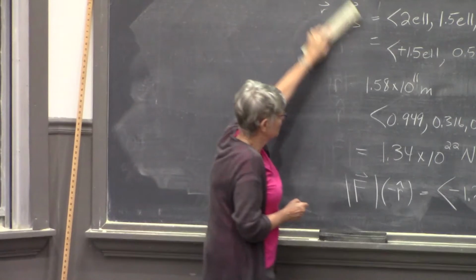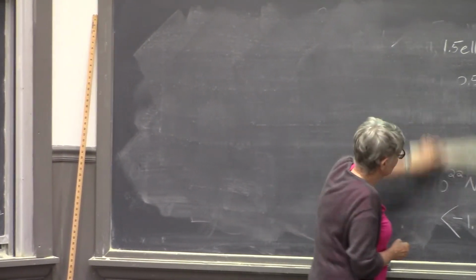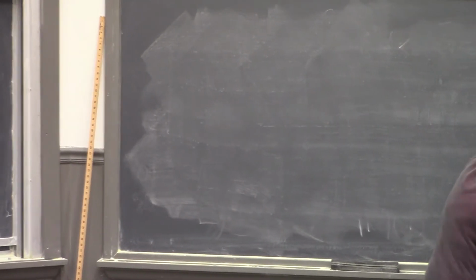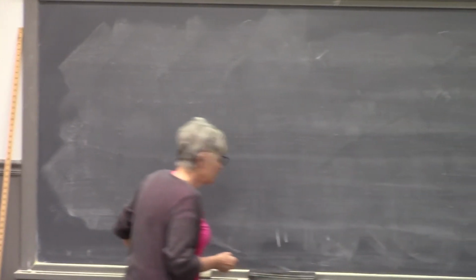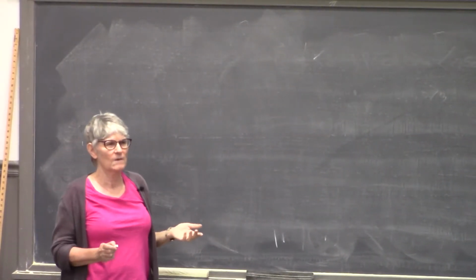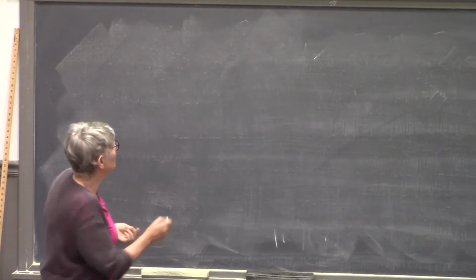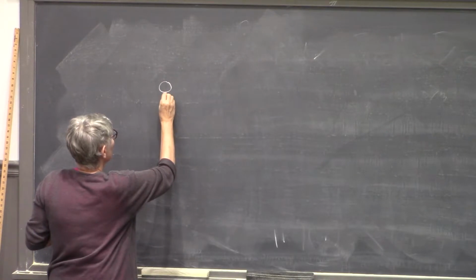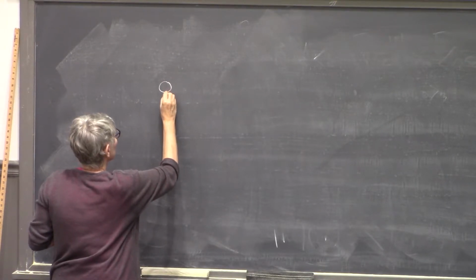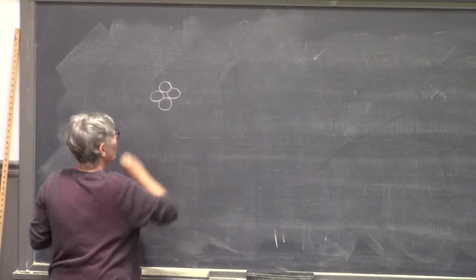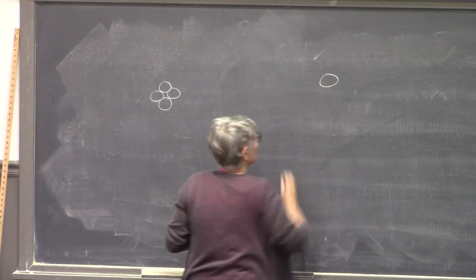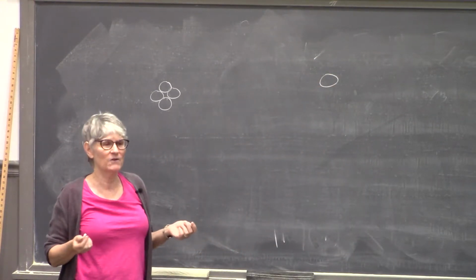Well, let's think of it. Let's go back to, let's make a small particle that's a cluster of 4 atoms, and it's interacting with 1 atom gravitationally.